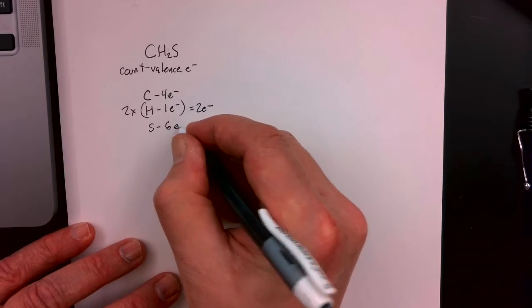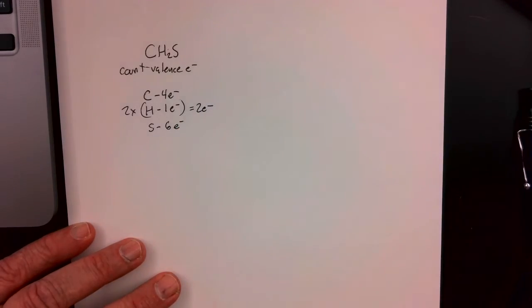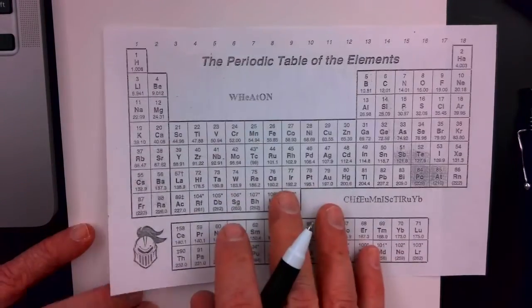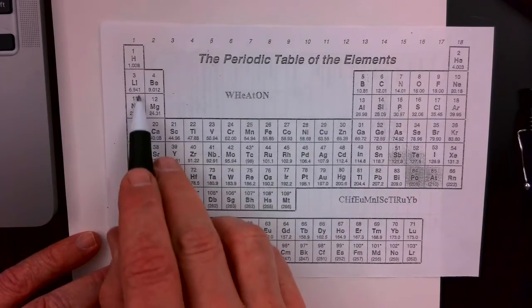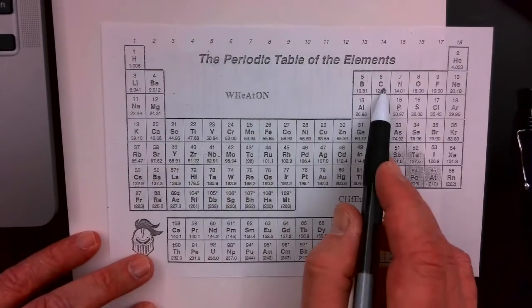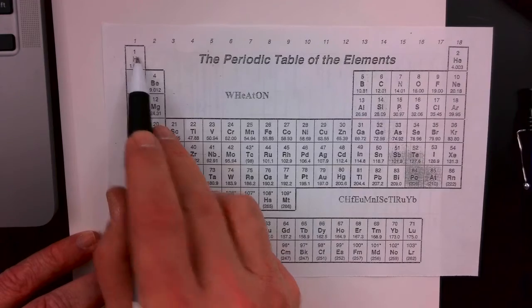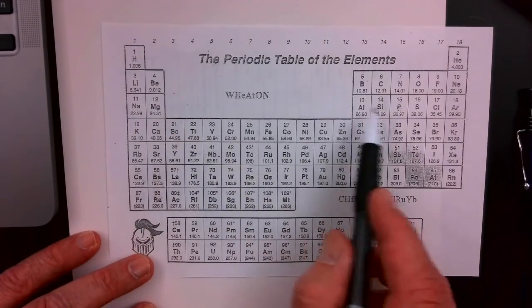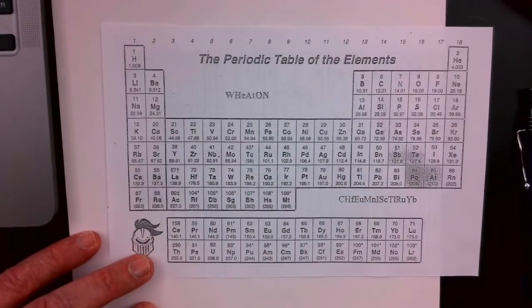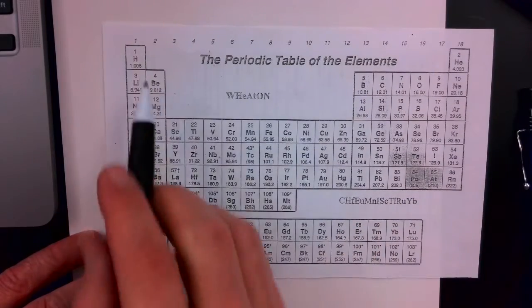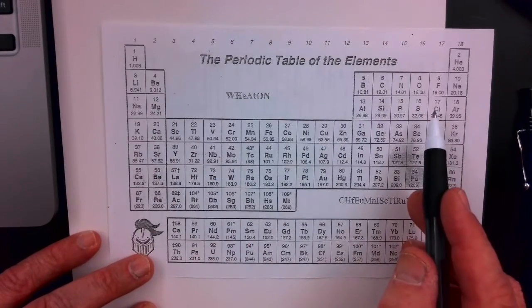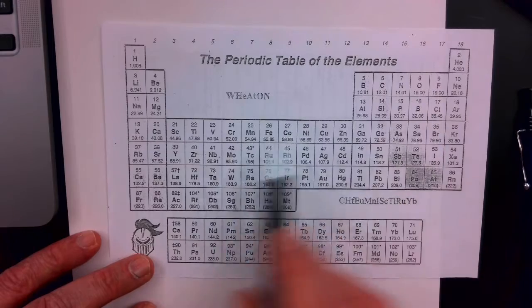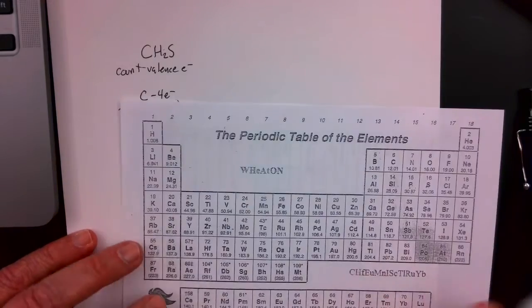And you might say, how do we know all that? Well, I know all that because I happen to be sitting right next to a periodic table. And so carbon, 1, 2, 3, 4. Hydrogen just has 1. And sulfur has 1, 2, 3, 4, 5, 6. So we can count the valence electrons. Remember, we always count from left to the element we're describing, but we skip the D block.